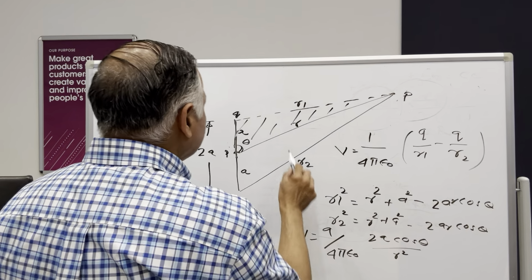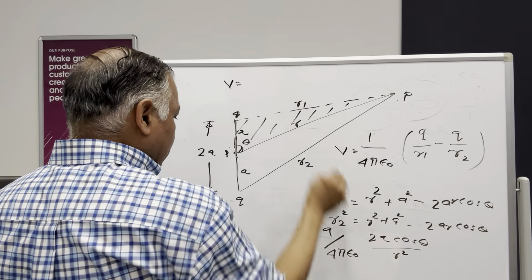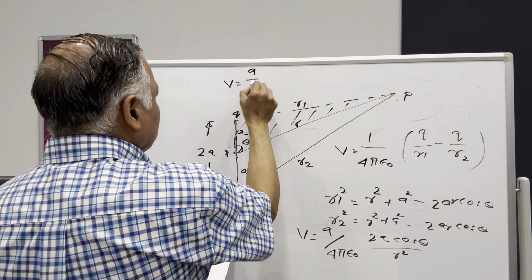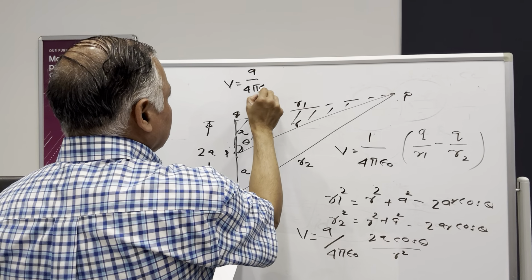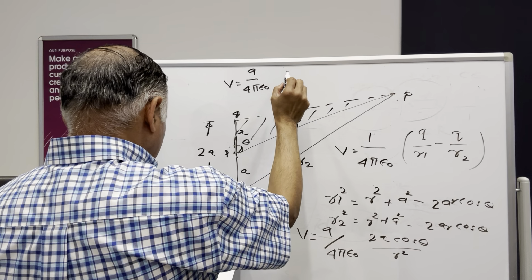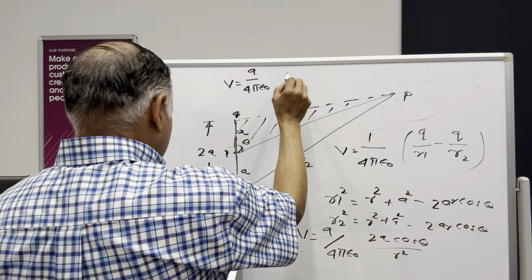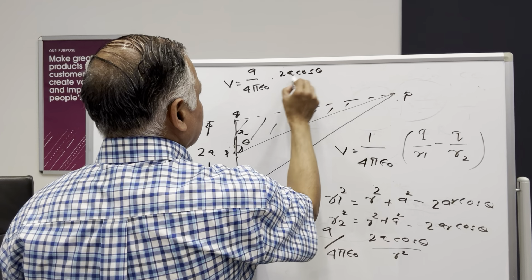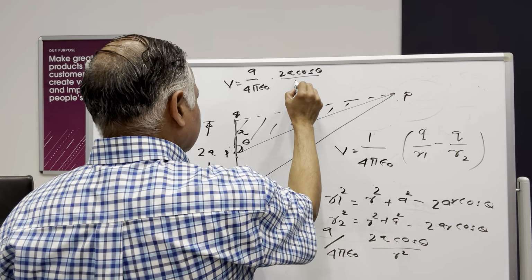So resultant V will become q over 4 pi epsilon 0 into 2a cos theta divided by r square.